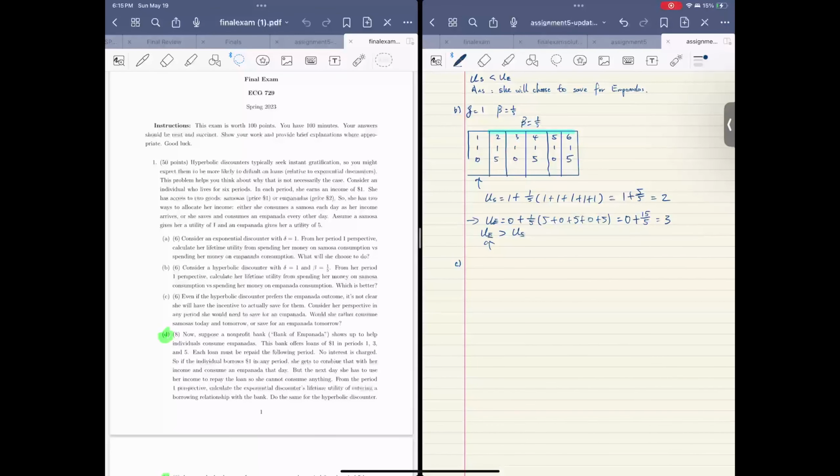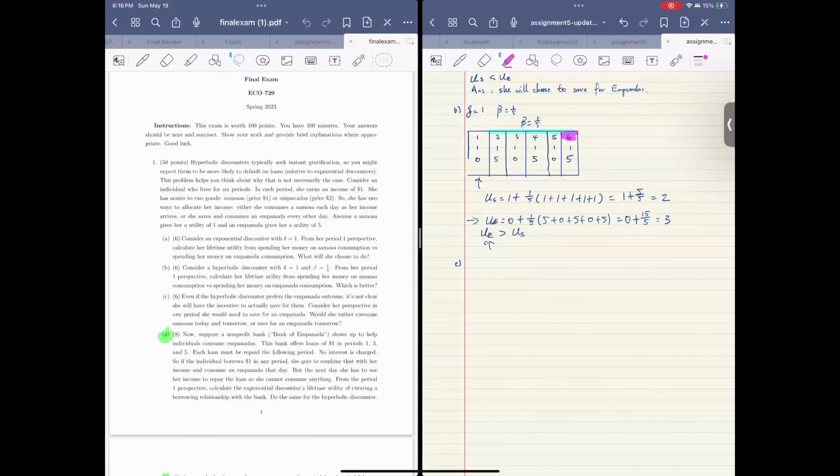Would she rather consume samosa today and tomorrow, or save for an empanada tomorrow? Okay, this is a typical backward induction problem. So we should look at periods 5 and 6. What will this person do?